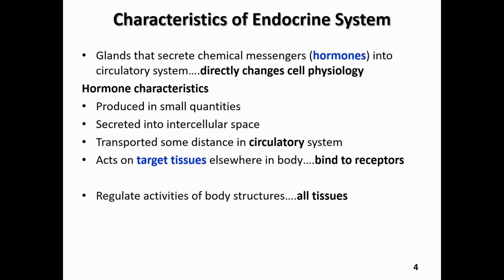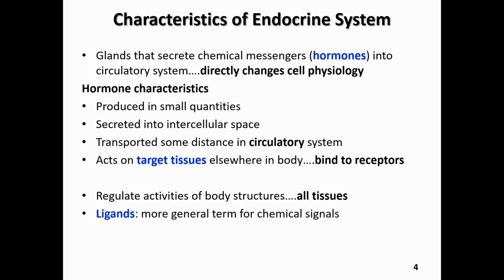And the overall function of the endocrine system is to regulate activities of all body structures and all tissues, although the endocrine system will affect different tissues in different ways and affect the metabolism of those cells at various rates.